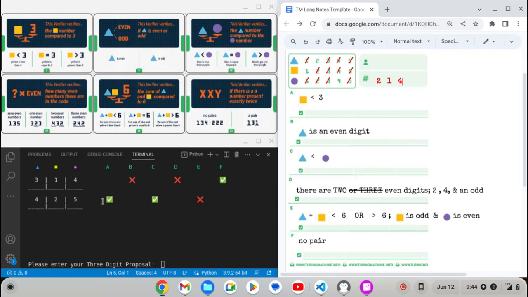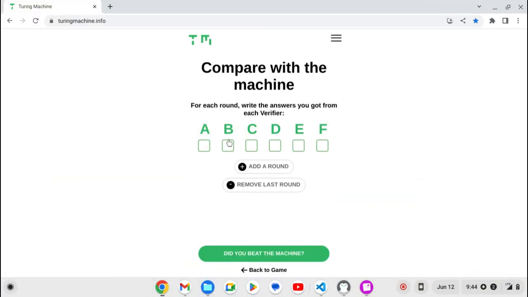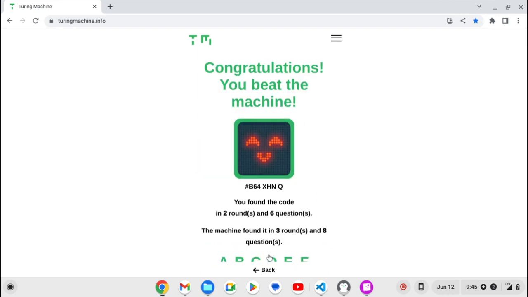And in the second round, the first 2 were correct. So we did BDF first. And in the second round we did AC, and those were correct, but E was not. Okay, so let's take a look how we did.